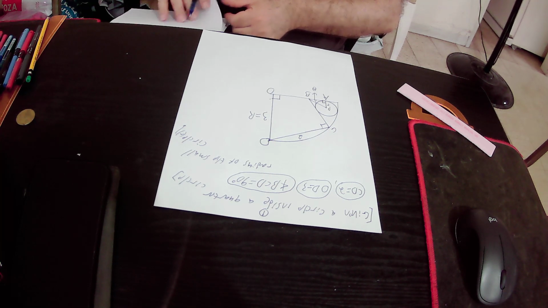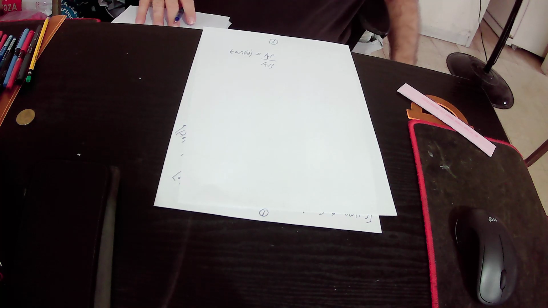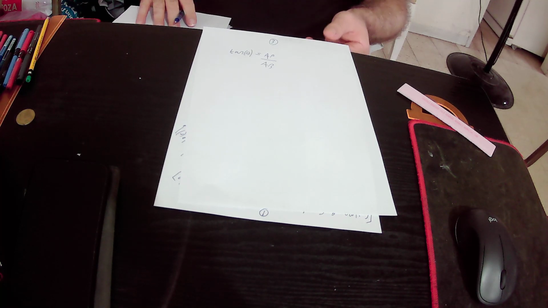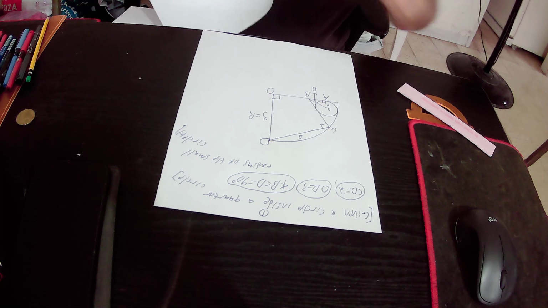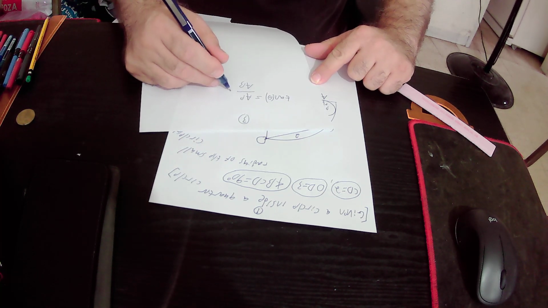Okay, tangent theta equals AP over AB, and we know that AP is the radius of the small circle, so we can substitute AP by r.